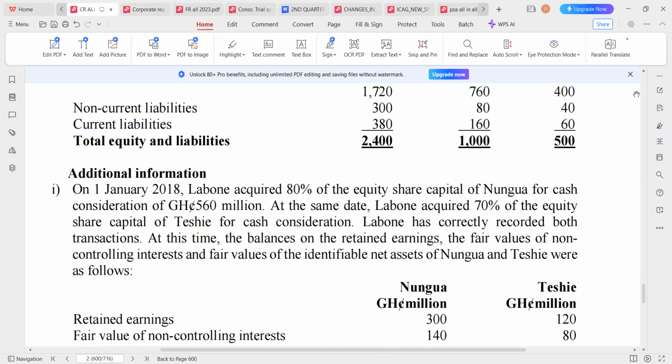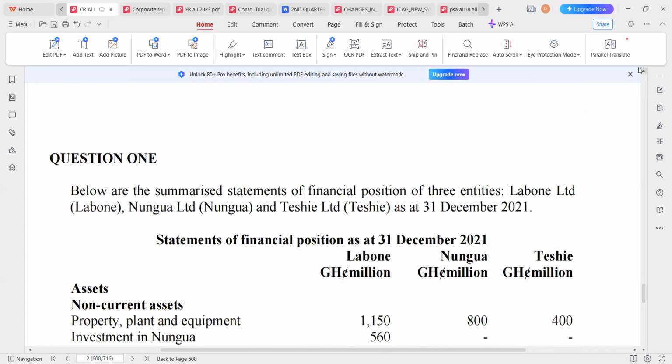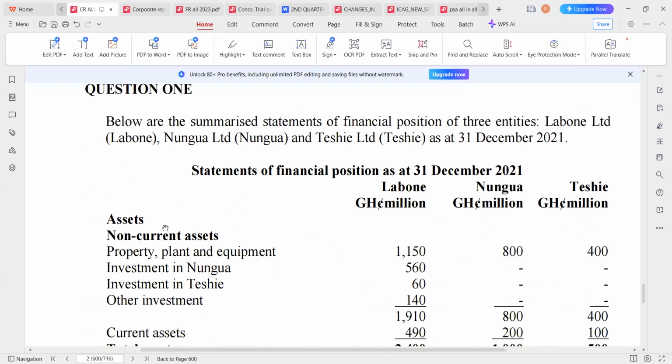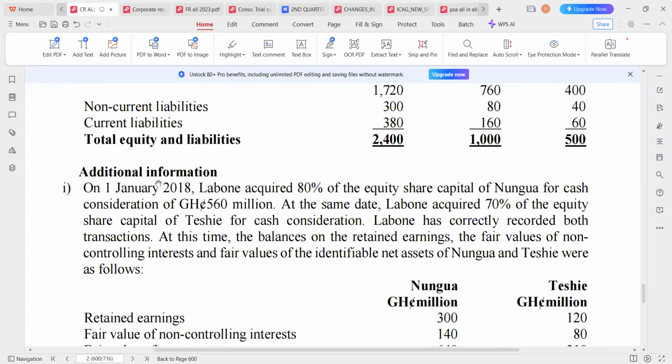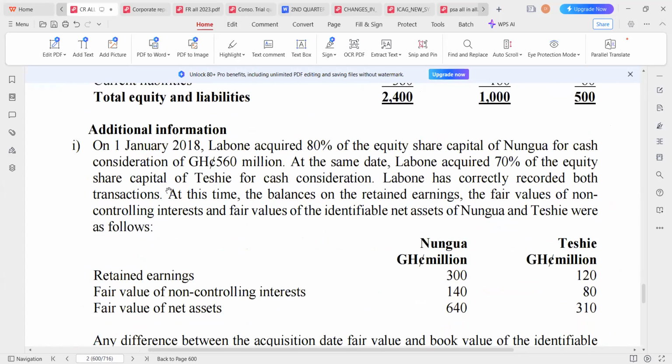Go to the additional information. On January 1st, 2018, Laboni acquired 80% of the shares of Nungwa.